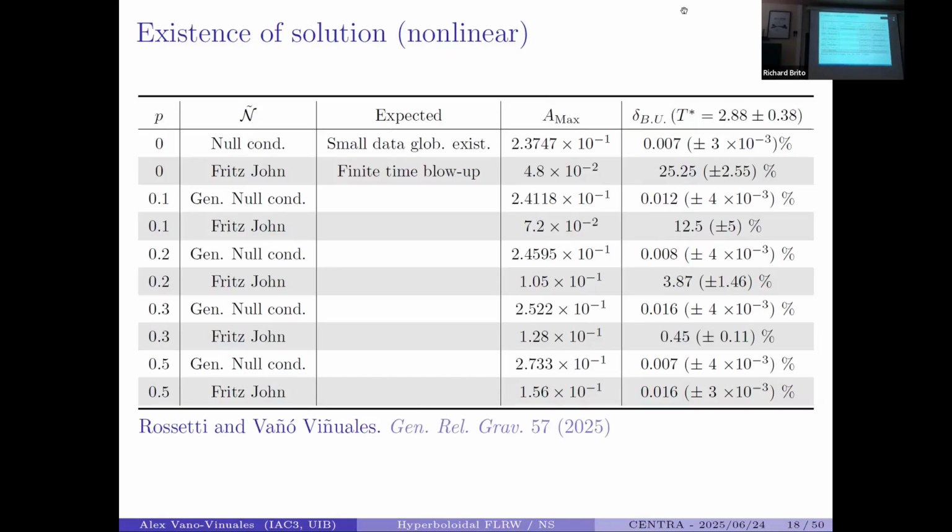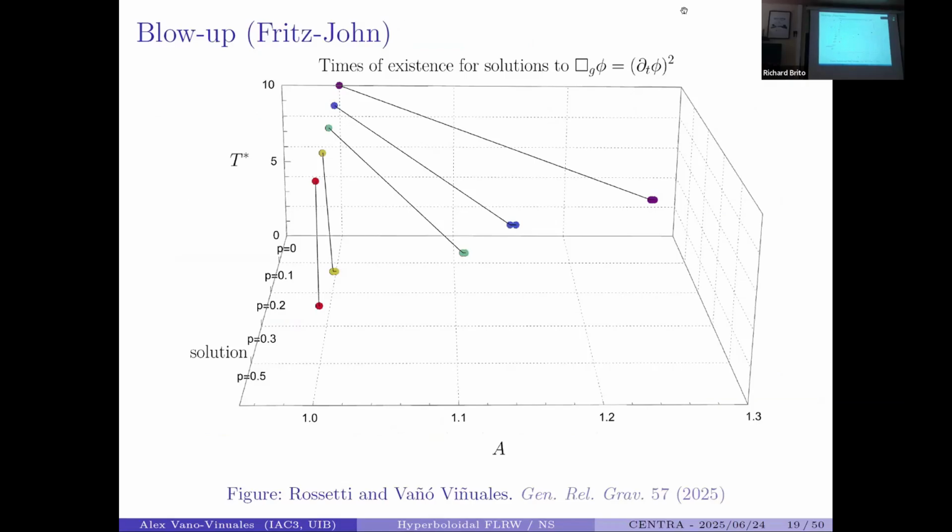And you can also visualize for the Fritz John case the same thing I said before for p equals 0. There is a big change for this amplitude. For this amplitude, it is getting to t equals 10.